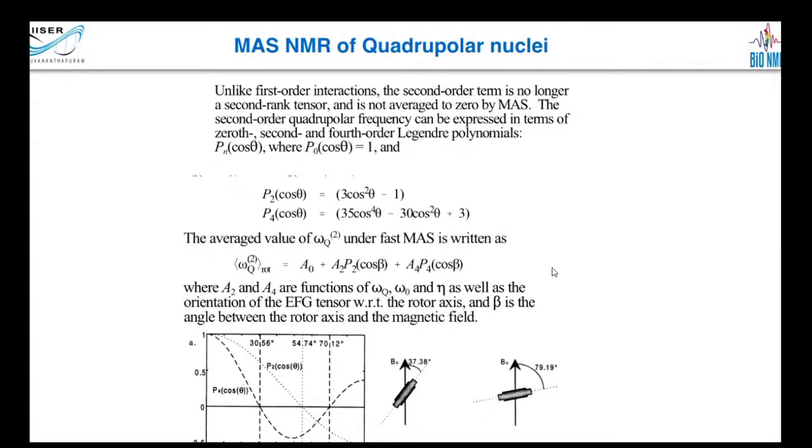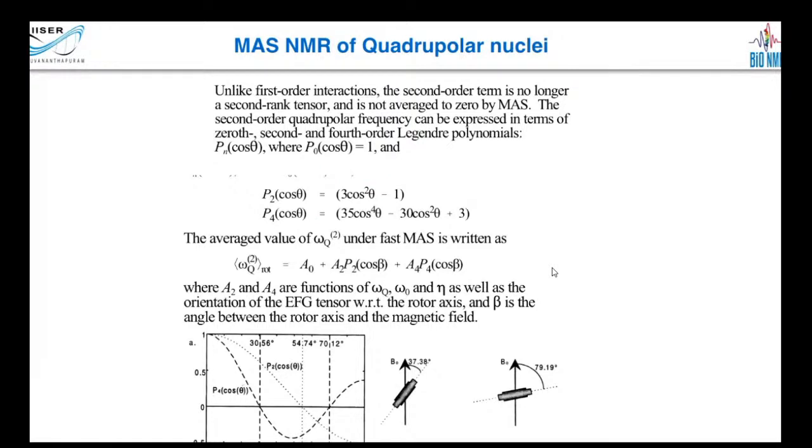I'll show you the thing. So you see that there is a zeroth, second and 4th order Legendre polynomial. This is the second order Legendre polynomial, and this is the 4th order Legendre polynomial. When I say second order Legendre polynomial, this 3 cos square theta minus 1, you probably studied even in plus 2.